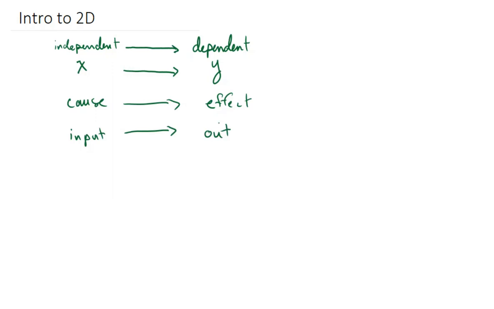Now, so far it's all been very generic, but when we're doing this math, its intention is to wrap it in a real world context. So in a real world context, it might be something like the hours you work causes the pay you receive.